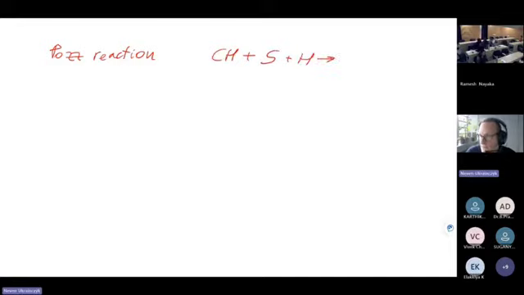So we have the pozzolanic reaction. CH plus silica film, which is S, plus water gives us CSH. Actually, we want to say exactly, and we know the typical pozzolanic reaction product is 1.3.